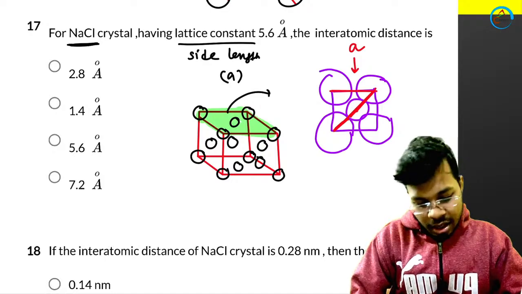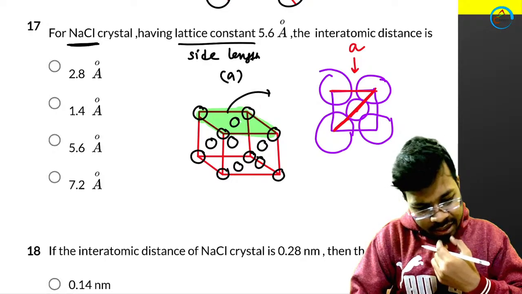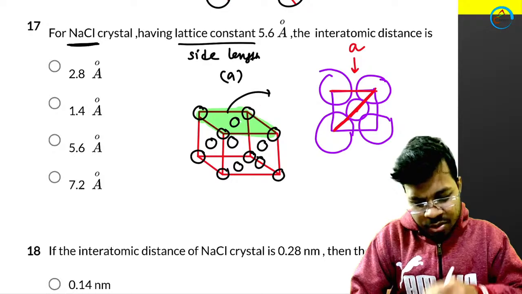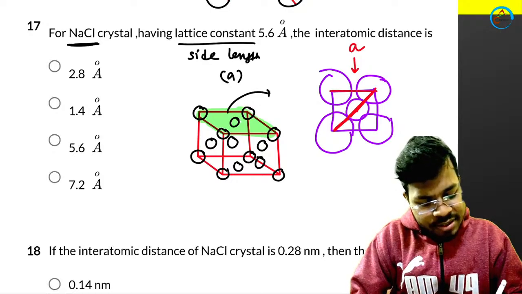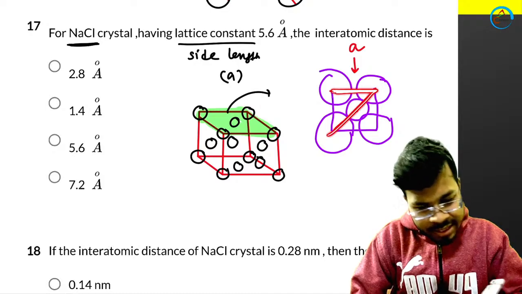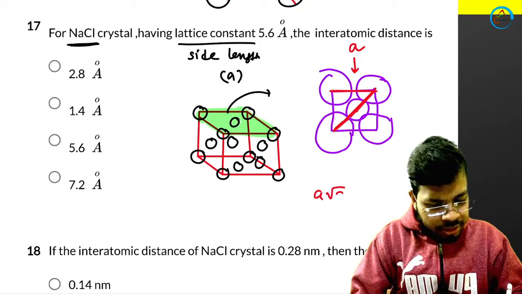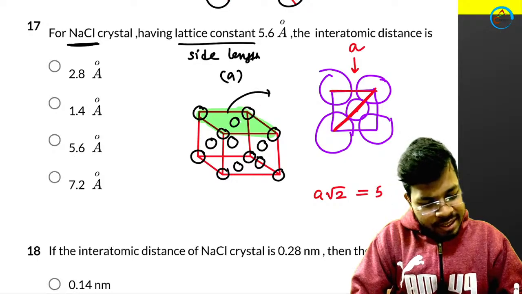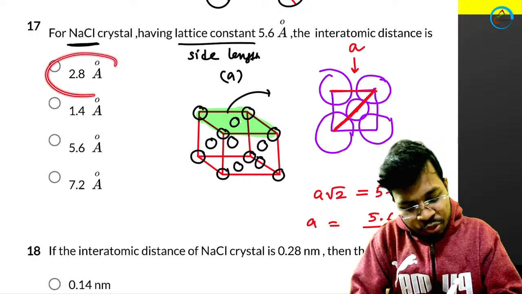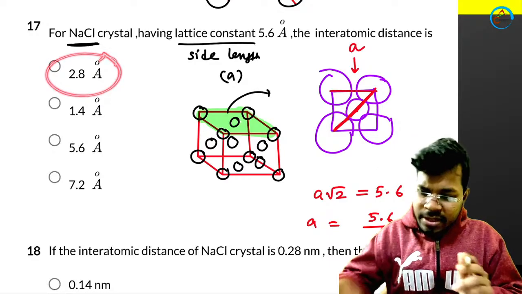I think we have wrong options in this question. The lattice constant is A, so the diagonal is A root 2. A root 2 equals 5.6, so A will be 5.6 divided by root 2, not 2. If it were 2, it would be 2.8.